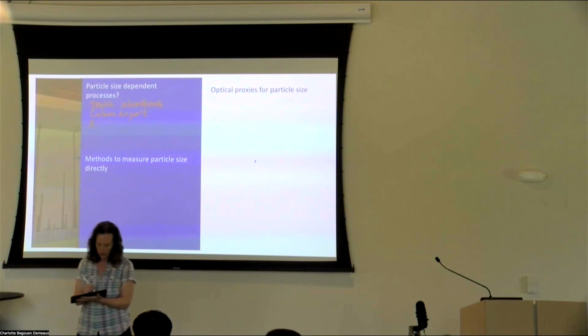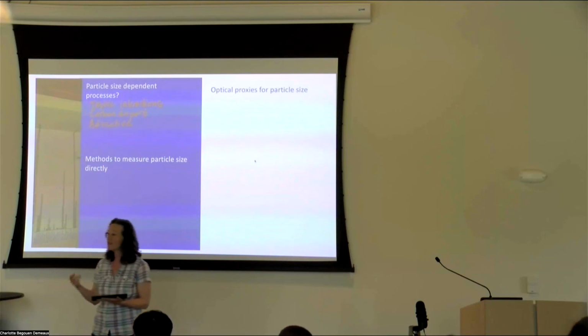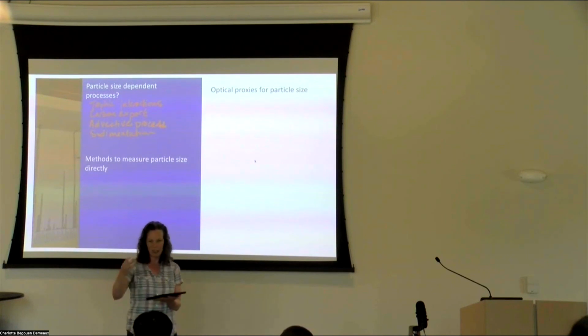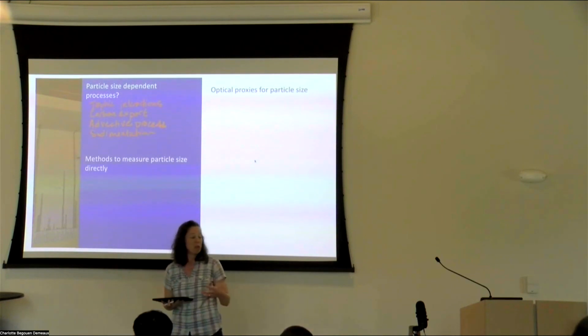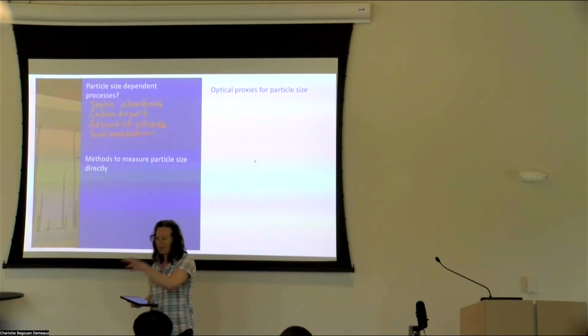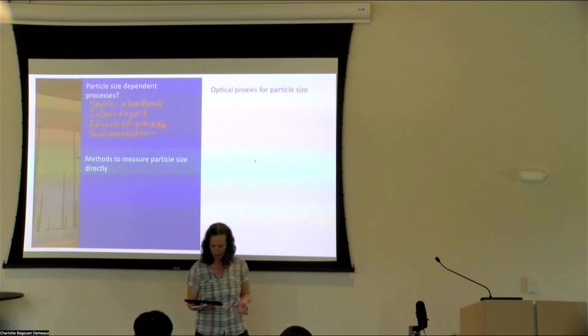Okay, so how particles are responding to the fluid environment that they're in as a function of size. Sedimentation, yeah. More generally, carbon export might be a specific case of that, but if you're looking at turbidity in a river channel, or sediment transported along a bed, that is a highly particle size dependent process.